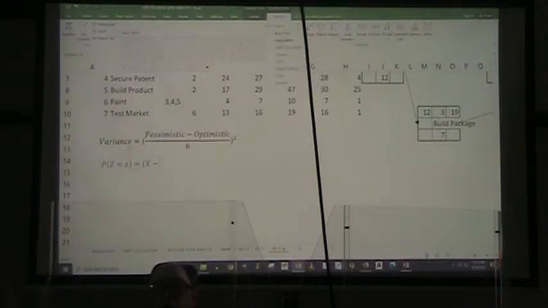I don't want that. I want Greek letters. And I want the letter mu. Divided by the standard deviation. And there is sigma, which stands for the standard deviation.